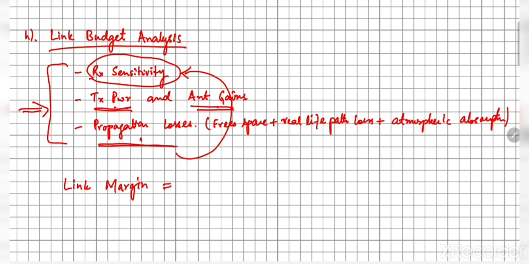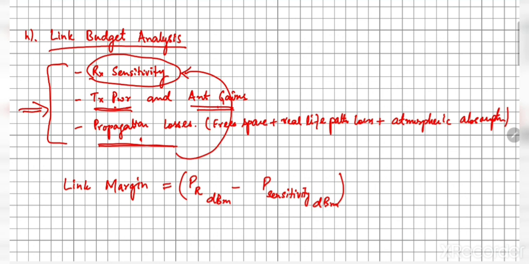as the received power in dBm that we are going to receive at the receive antenna minus the sensitivity in dBm that we just defined on the previous slide. The difference of these two is referred to as link margin.